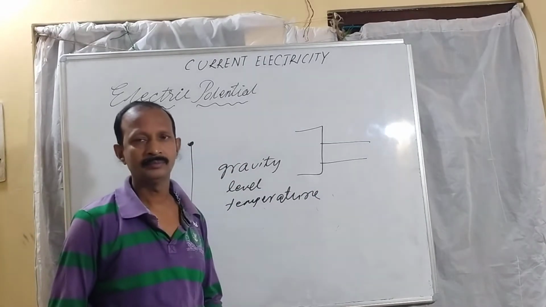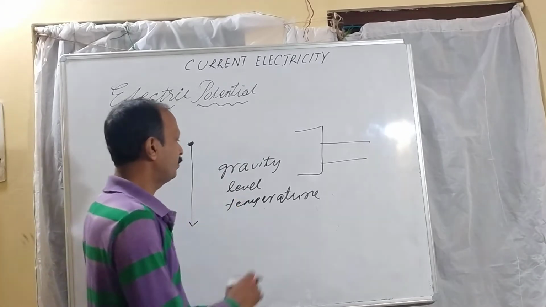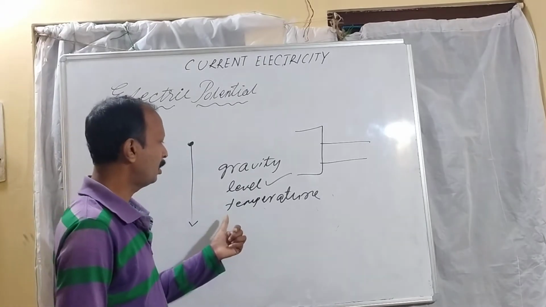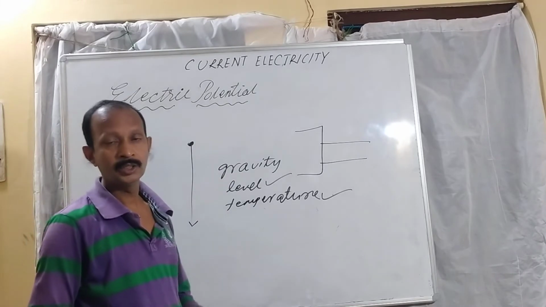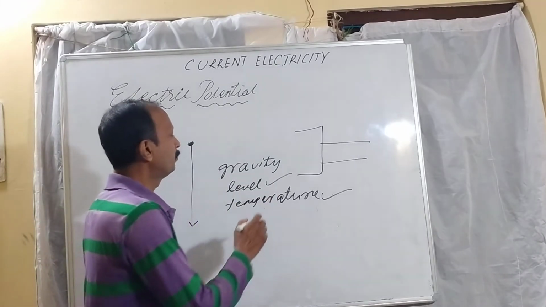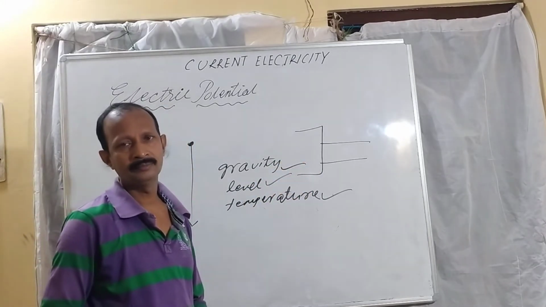See here. The direction of flow of water is decided by the level of water. The direction of flow of heat is decided by temperature. The motion of a free fall body is decided by the gravitational force or by gravity.